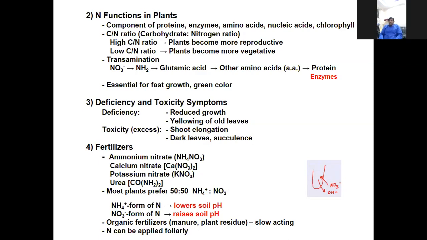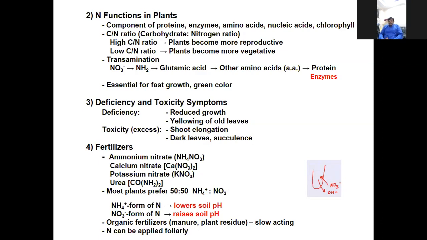For correcting the deficiency of nitrogen, we add certain fertilizers based on type of soil. The recommended fertilizers are ammonium nitrate, calcium ammonium nitrate, potassium nitrate, and the widely used urea, which is the amide form.